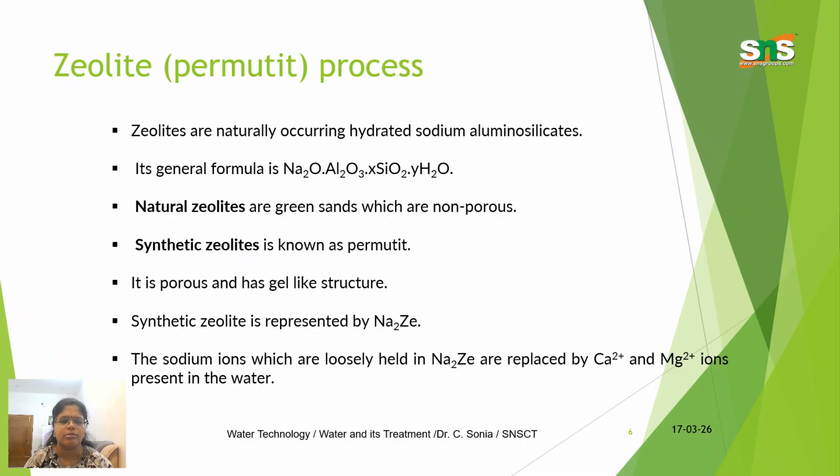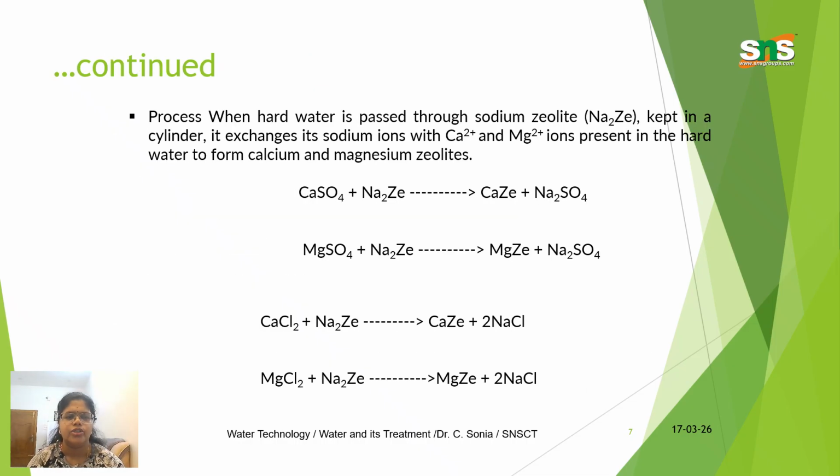It is only going to replace the hardness causing ions. In the process, hard water is passed through the sodium zeolite, which is kept in a cylinder. It exchanges its sodium ions with the calcium and magnesium ions present in the hard water to form calcium and magnesium zeolites.